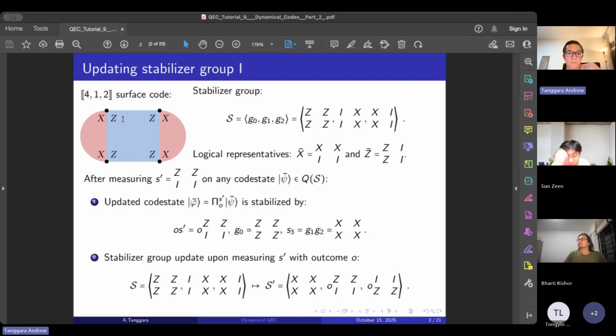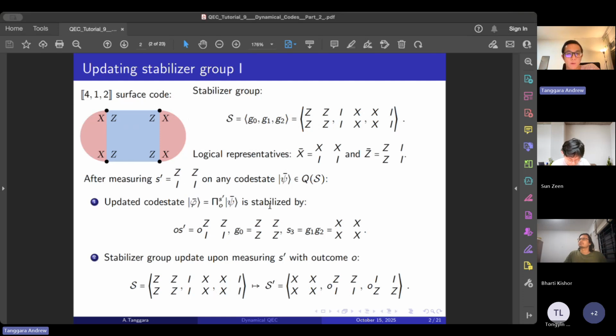So just by considering this example, when you measure these two Z's on top of this 4-1-2 surface code, this is basically what I covered last week. You're projecting your code state onto the eigenstate corresponding to the outcome O of this measurement S prime.